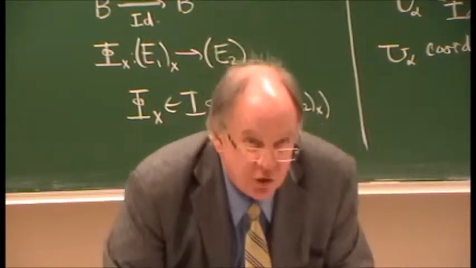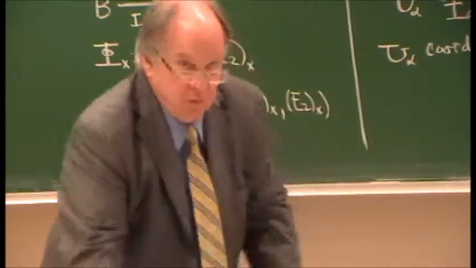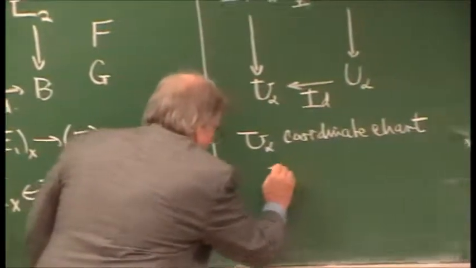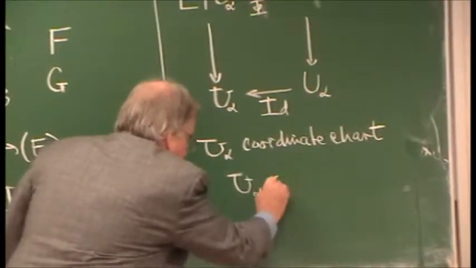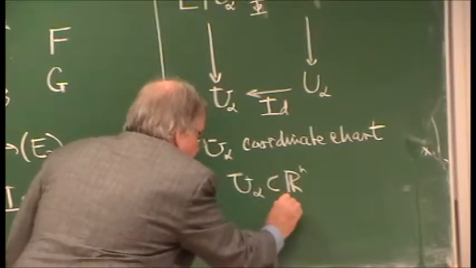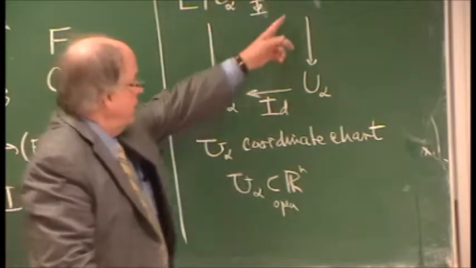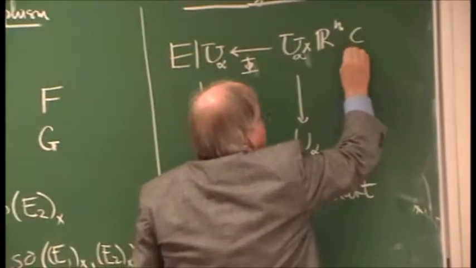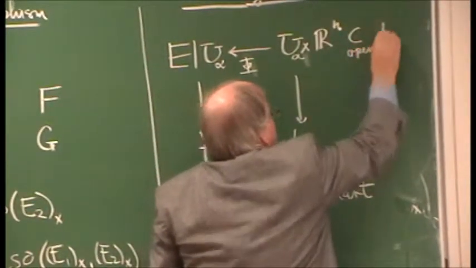So if this is a coordinate chart, he's thinking of the picture, this is then in Rn itself, just a piece of Rn, some open piece in Rn. Then this thing here, what he just said is you should think of this thing as an open piece in R2n.